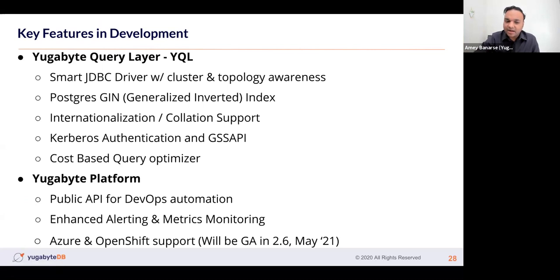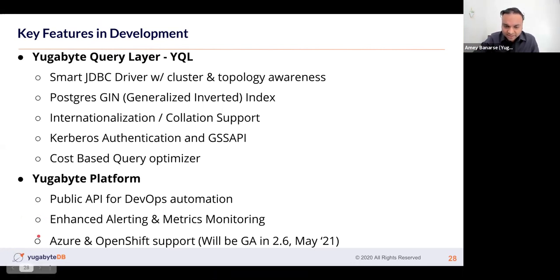The second thing is we have invested heavily to making sure that our current alerting and metrics and monitoring framework can now be extended to different third-party applications, as well as providing fine-grained granular controls on some of these monitoring and metrics options as well.